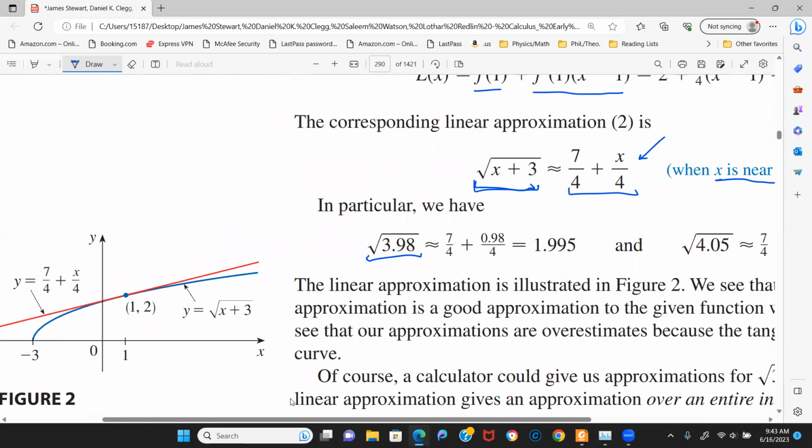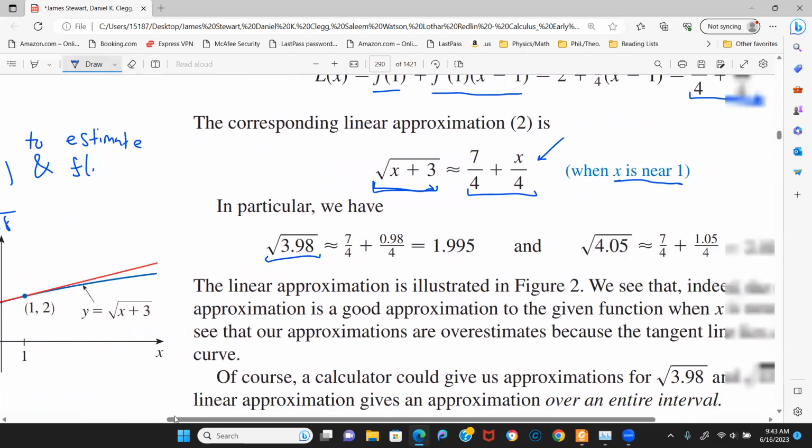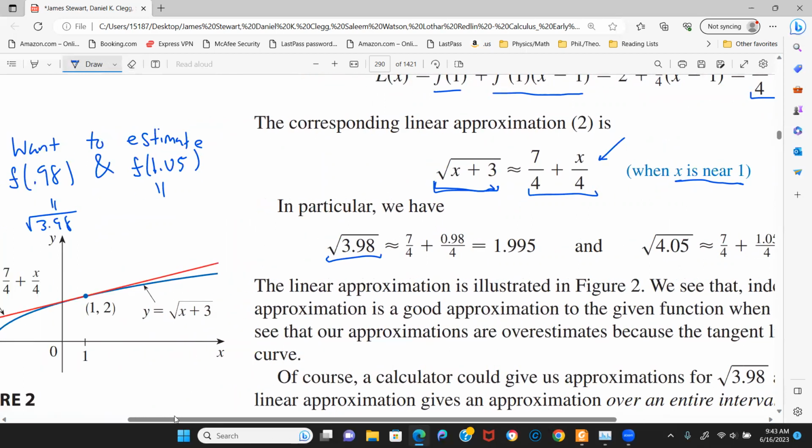What we really want to estimate are the numbers f of 0.98, which is going to be equal to square root of 3.98, and f of 1.05, which, when you plug it into your function, is square root of 4.05.